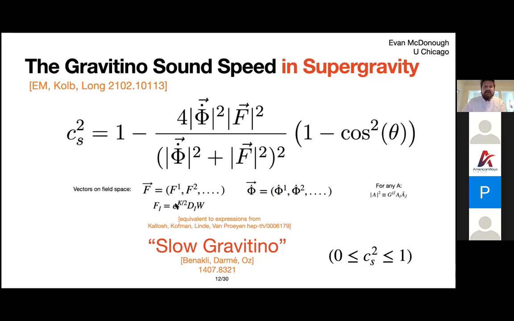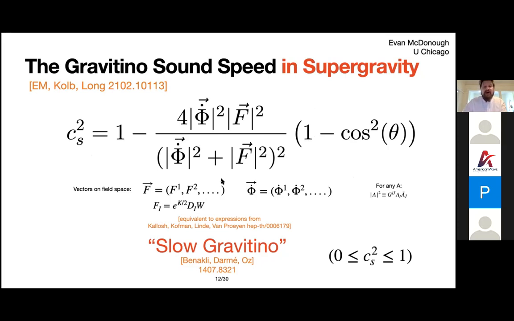The sound speed depends on the angle between these two vectors. If they are parallel, cos theta is 1, and this whole correction goes away. When they are orthogonal, cos theta goes to 0, and I get the maximal deviation from 1. And if the magnitude of the SUSY breaking vector is equal to this time derivative vector, then cs can pass to 0, which I'm going to talk about in a minute.